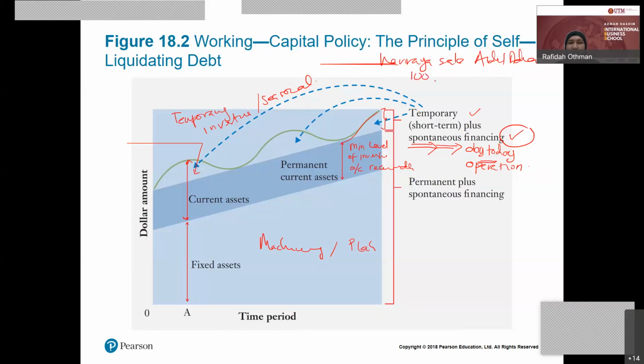We require 100,000. Okay. So either you can take this from a temporary bank loan, or you can have it from your day-to-day operation, meaning money that you receive every day.